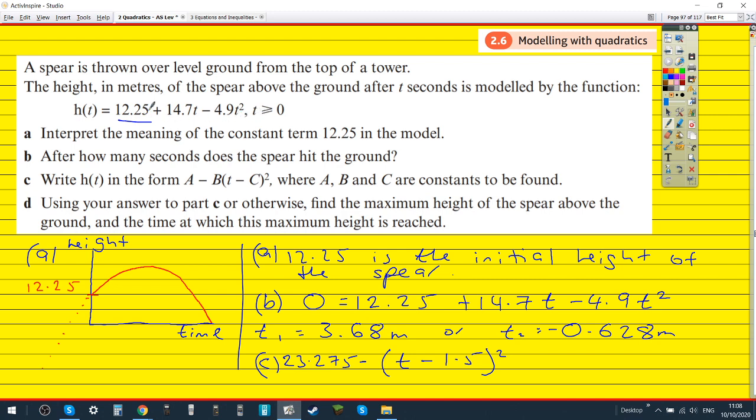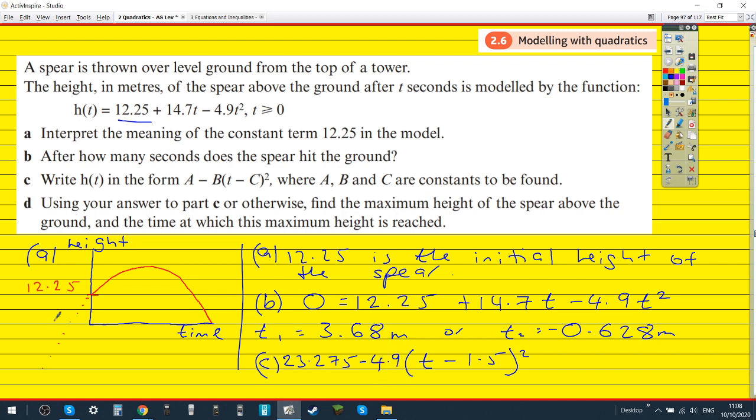If we were going to complete the square for this one manually, how would you go about it? Would you factorize minus 4.9? Yes. So that's hopefully a quicker way of going about it.